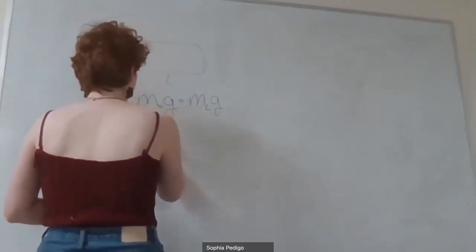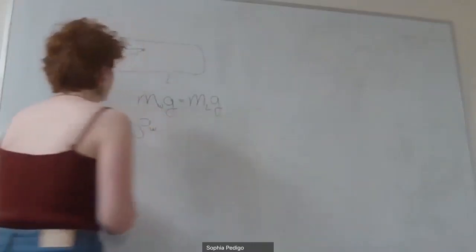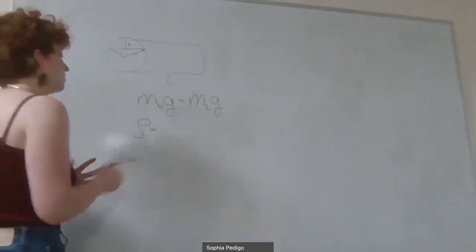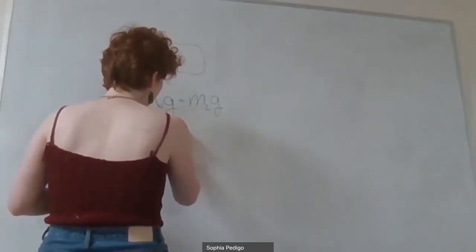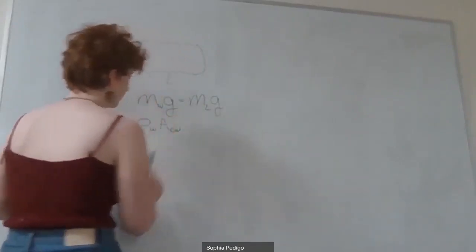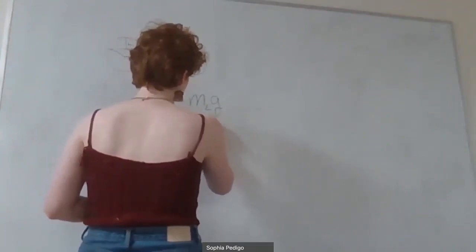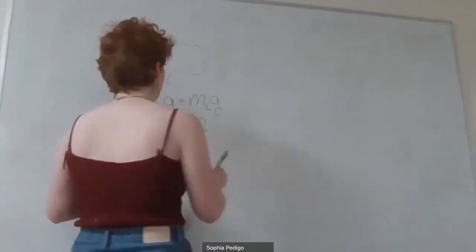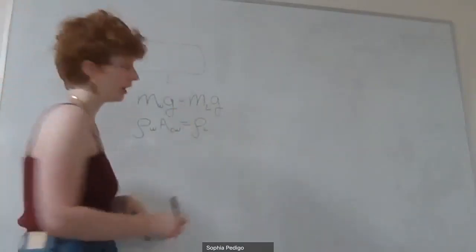The mass of the water is going to be equal to the density of the water multiplied by the area that the water takes up inside the log. So we'll call this area CW for the cross-sectional area of the water. And that's going to be equal to the density of the log, what we're trying to solve for, multiplied by the cross-sectional area of the log, which is pi r squared.